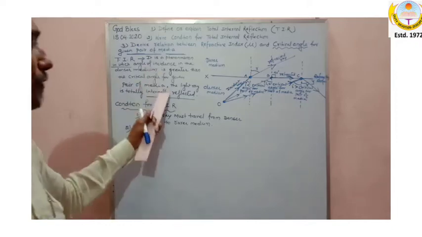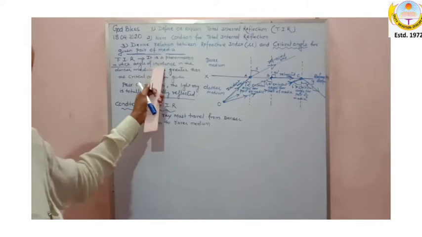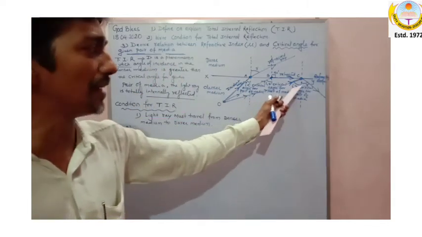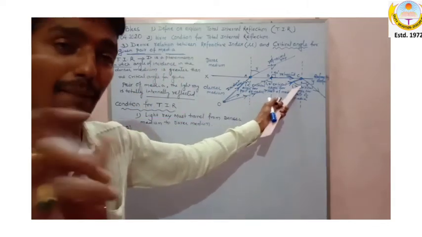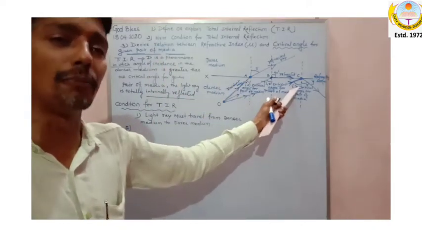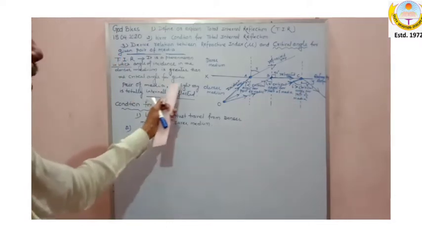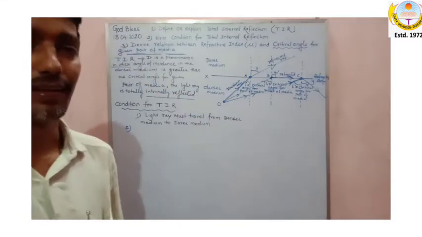So this is the phenomenon, my dear, in which the angle of incidence in the denser medium should be greater, because this angle of incidence is formed in the denser medium, than the critical angle for the given pair of media, right?